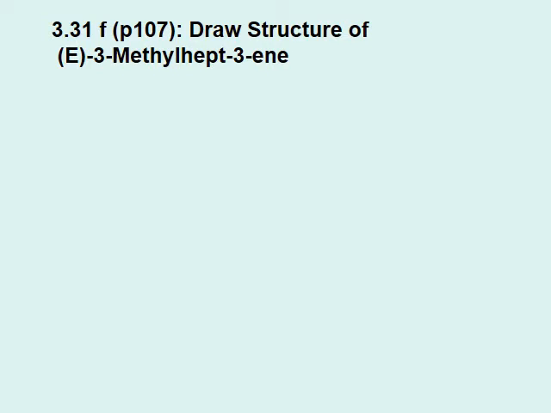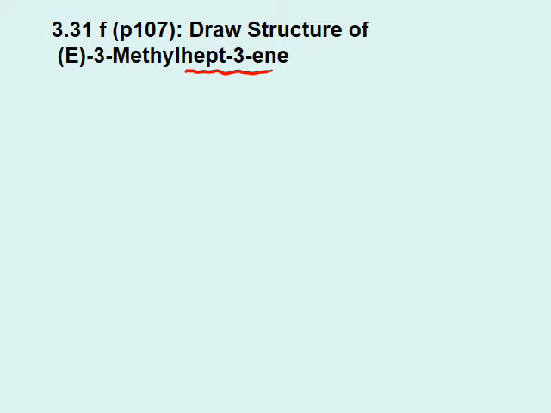This is a homework problem, 3.31, where you need to draw E-3-methylhept-3-ene. First I would forget about E or Z. I would just focus on drawing this structure, and I would begin with the ene part, hept-3-ene. So basically it's heptene. 3 is the location of the double bond.